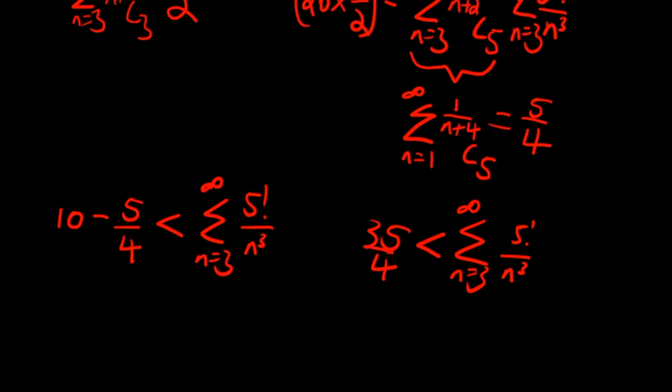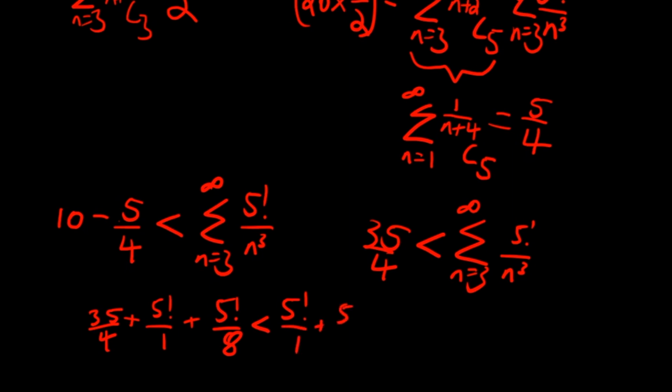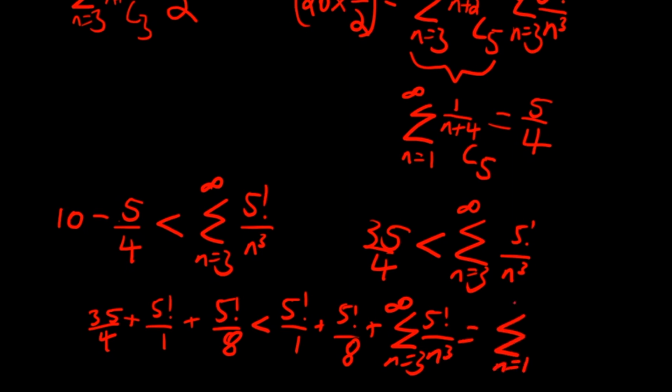So if we play the same trick as last time and add the first two terms of the right-hand sum to each side, we will get 35 over 4 plus 5 factorial over 1 plus 5 factorial over 8 is less than 5 factorial over 1 plus 5 factorial over 8 plus the sum from n equals 3 to infinity of 5 factorial over n cubed, which is equal to the sum from n equals 1 to infinity of 5 factorial over n cubed.